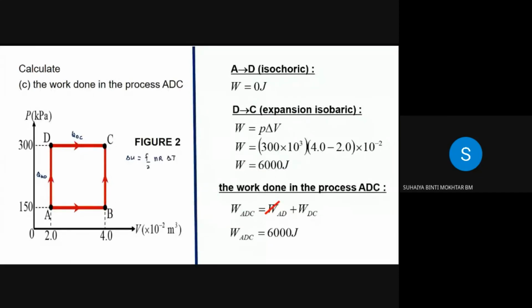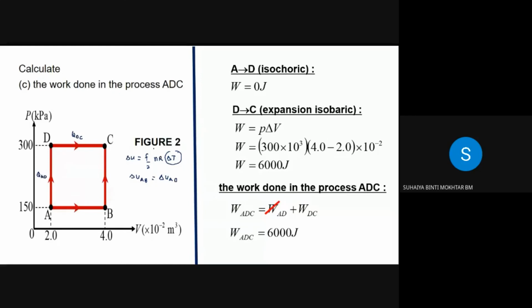So delta T for process AB and AD is equal. So it means that delta U AB equals delta U AD. The change of temperature is sama. n, R and f pun sama, constant value, right?